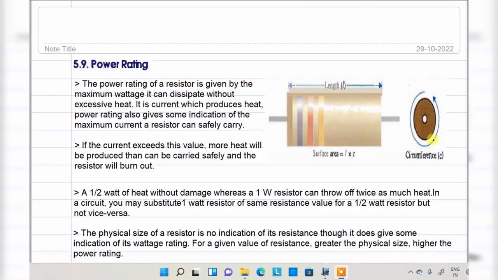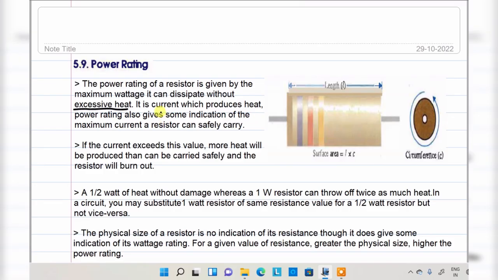In the case of power rating, the power rating of a resistor is given by the maximum wattage it can dissipate without excessive heat. For example, a resistor may have a power rating of 1 watt, 1/2 watt, 2 watt or 5 watt. That means it can withstand that particular wattage without generating an excessive amount of heat.